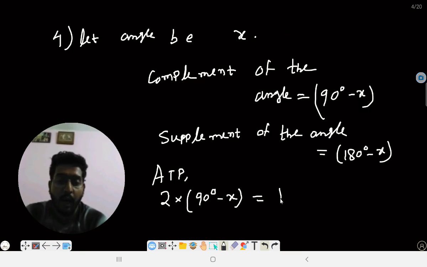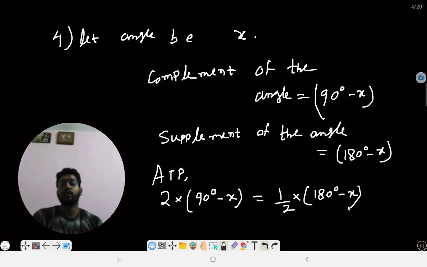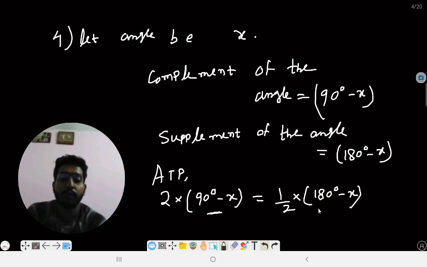That means half into (180 degrees minus x). So this is the equation given: twice the complement is equal to half the supplement. Half the supplement means half into that one. Now we have to solve this.